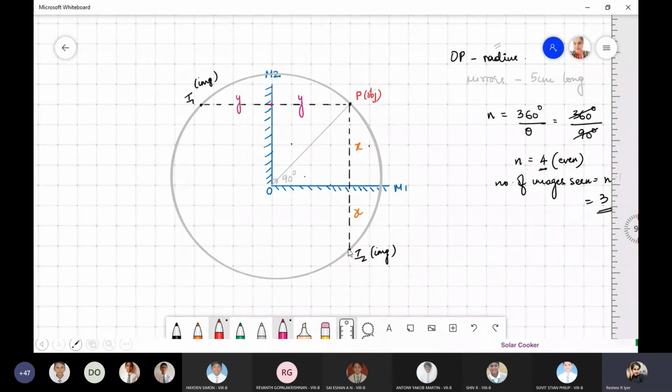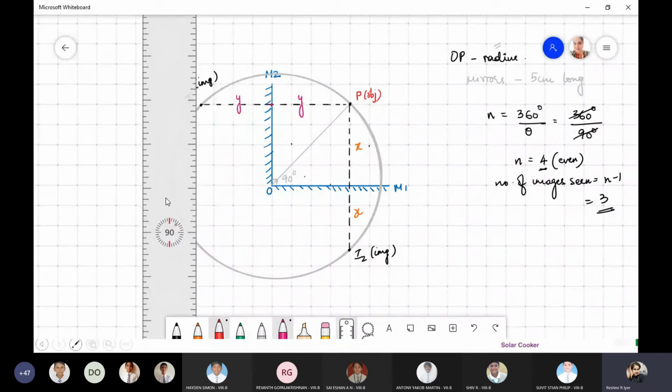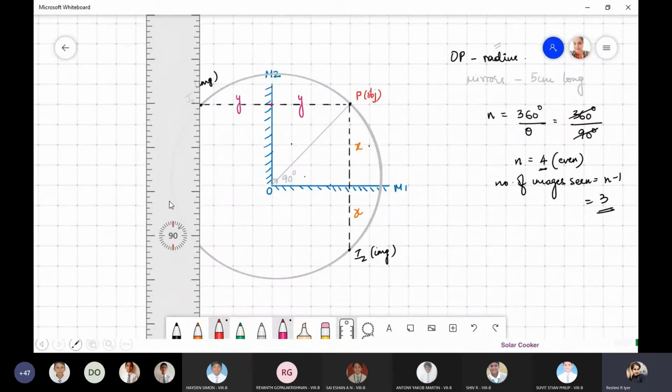I2 is an image formed by mirror 1. So it will serve as an object for which mirror? Mirror 2. It will serve as an object for mirror 2, and the reflection of I2 will come here.